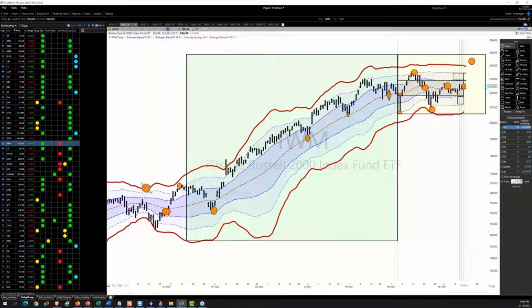And in fact, if you go back even further, the last time this was in a sideways channel and the Z3 lines had pinched, the first move out of that Z3 was here, and then you get a higher low compared to this low, right?